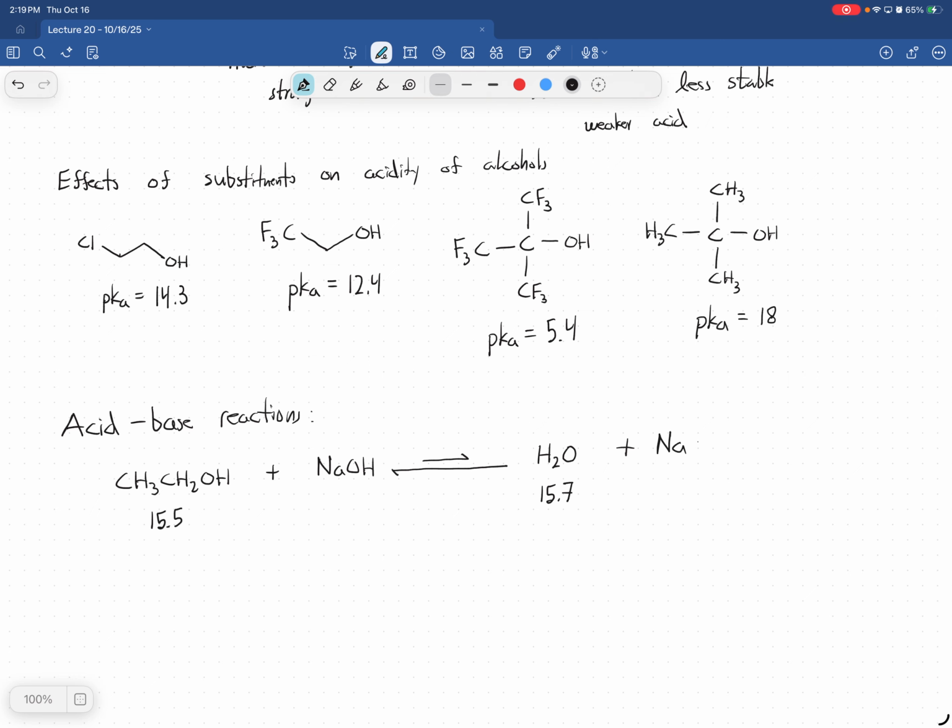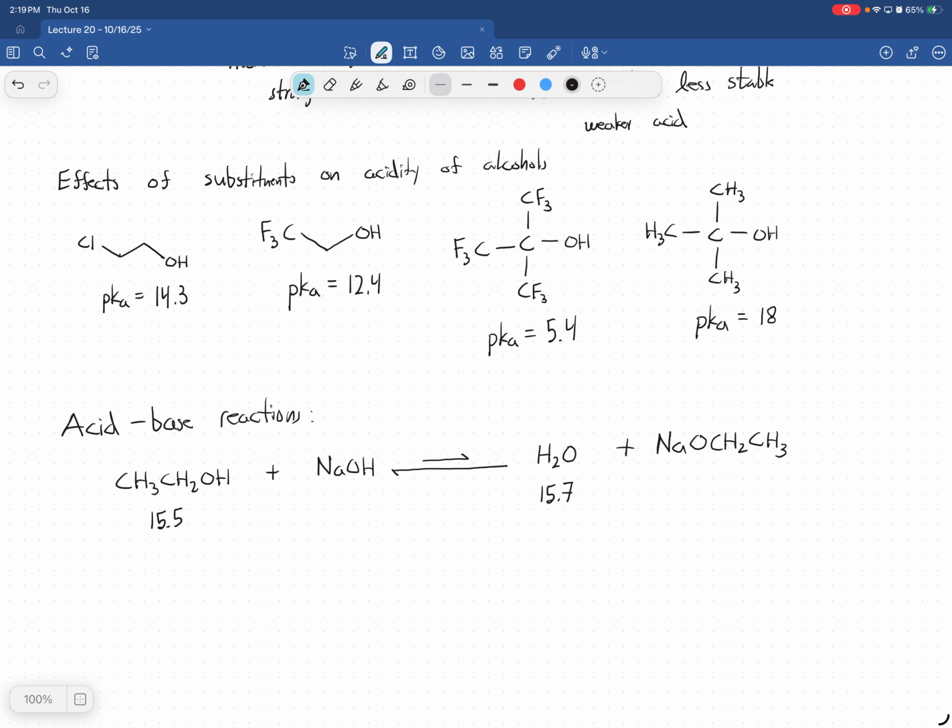Where does the equilibrium lie? Or what direction is equilibrium favoring? So which side has the weaker acid? The product side, right?